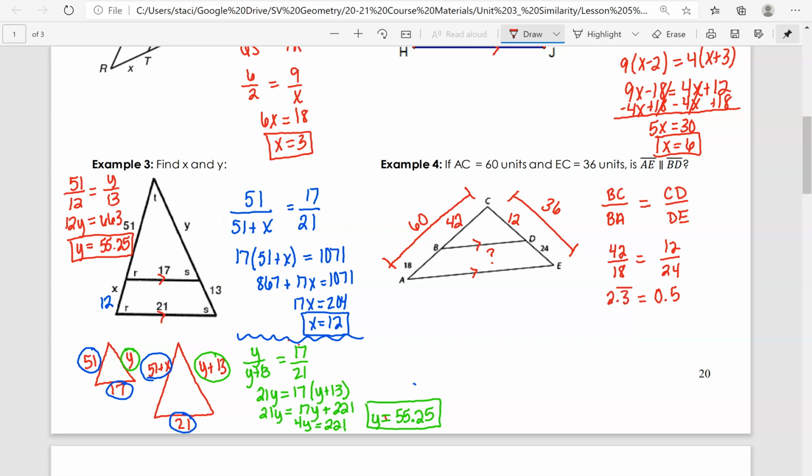So these two ratios do not equal each other. So what that means is that lines BD and AE are not parallel because the ratio of the sides are not the same.